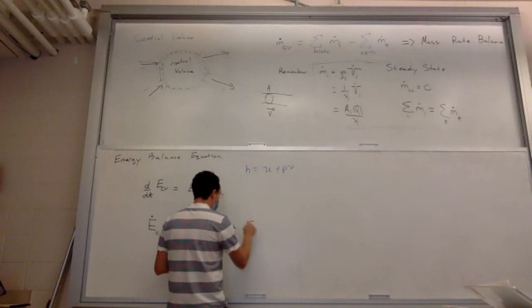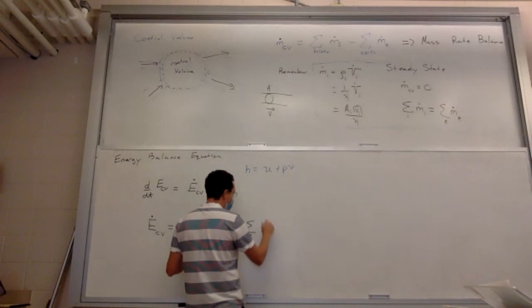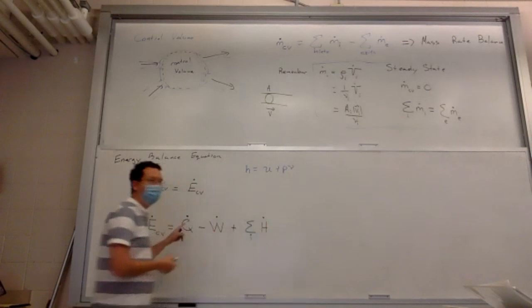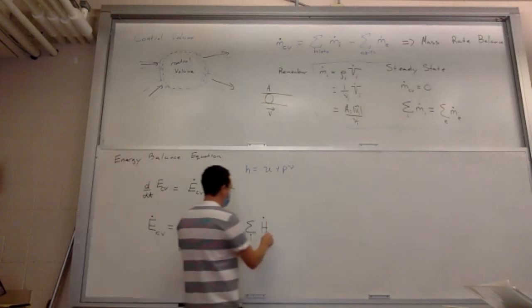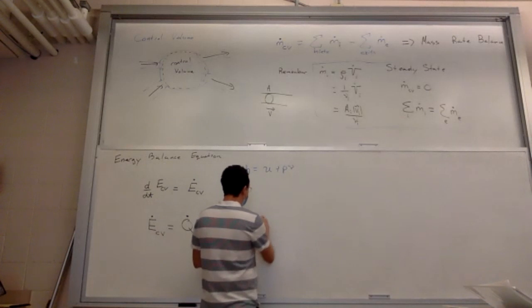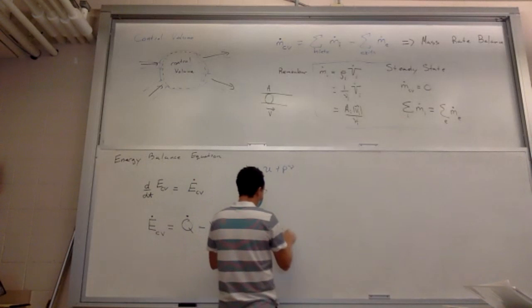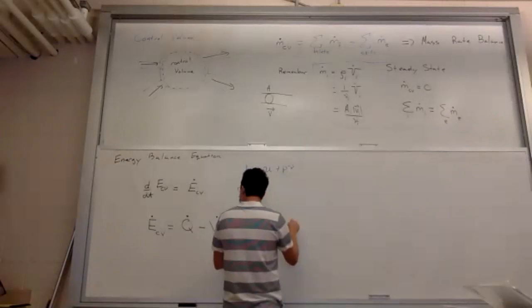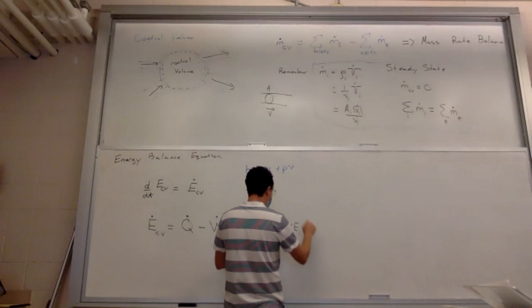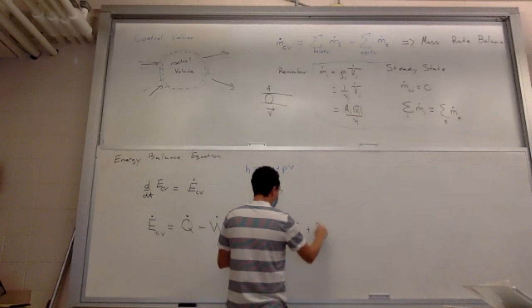what I'm going to do is write this summing over inputs, enthalpy dot, because everything's a time derivative here. Actually, I'll do this: input plus kinetic energy. I'm going to rewrite this in a minute, so just give me a second. Plus potential energy.